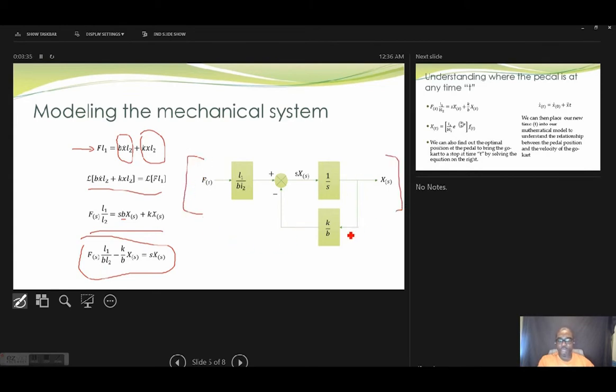As you can see, the input F(s) goes in, it's multiplied by L1 over B L2, then K over B is subtracted from it. It then goes to S X(s), and then the output X(s).